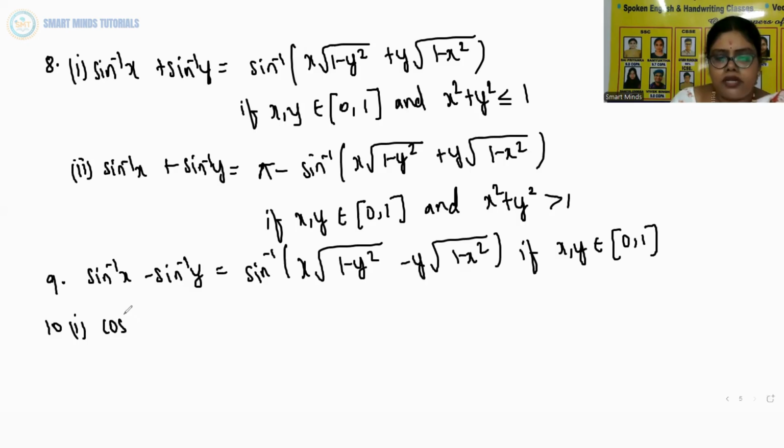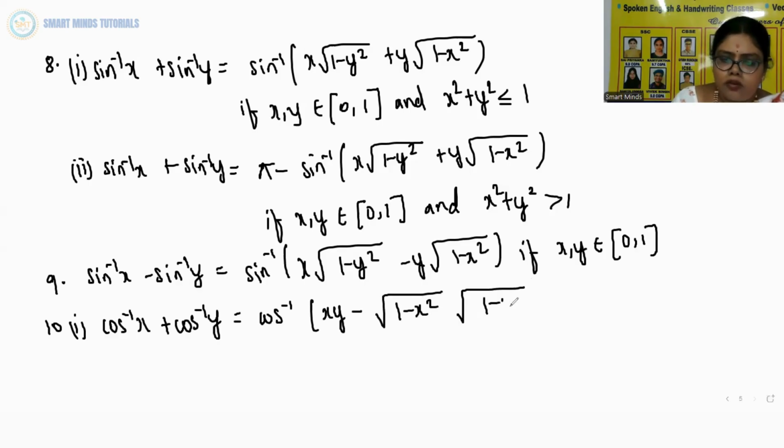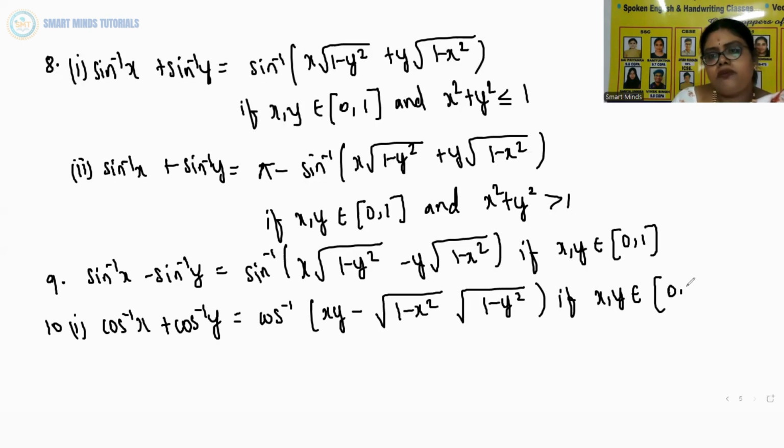Next, number 10. Again here you have two conditions. Cos inverse x plus cos inverse y is equal to cos inverse of xy minus root over 1 minus x square root over 1 minus y square, if x comma y belongs to closed interval 0 comma 1.